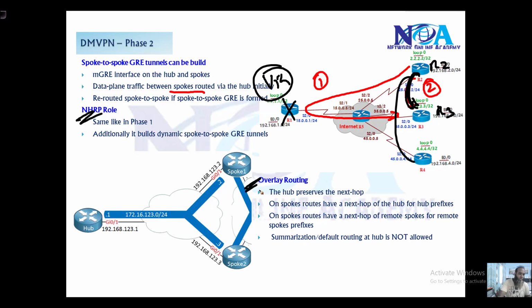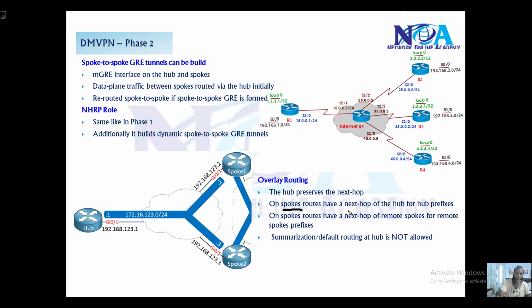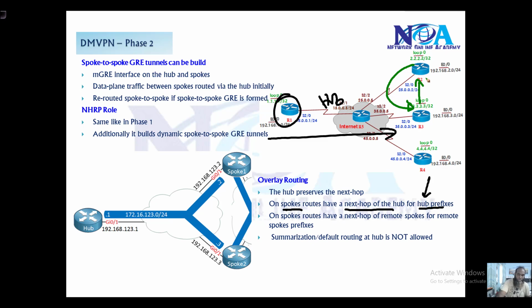And from the routing point of view, if you see the difference, the hub still preserves the next hop. So basically all the spokes will have the next hop of the hub for the hub prefixes. For all the prefixes coming from the hub, the next hop will be the hub only. And for all the prefixes coming from a spoke, the next hop will be that spoke only.